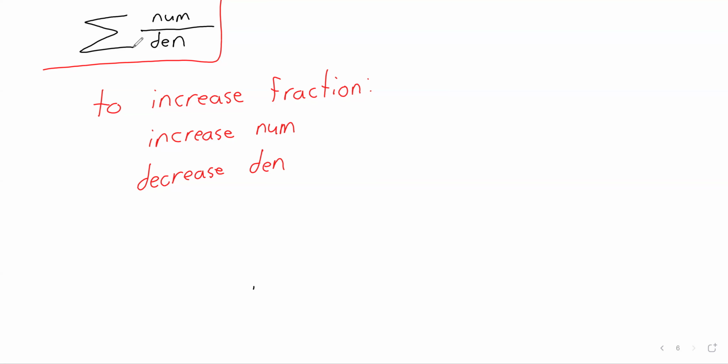So, 1/2 is less than 5/2. 1/2 is less than, since we're keeping these fractions positive, we'll say that. You see, when the numerator goes up, the fraction gets big. When the denominator goes down, the fraction gets big.